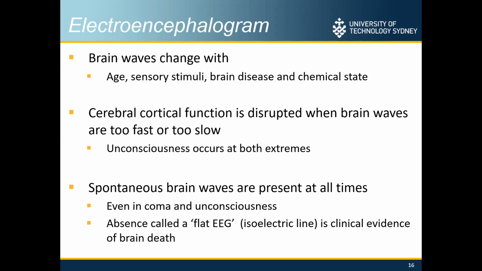With that said, it is important to note that when you're trying to diagnose somebody with brain death, although EEG is one of the assessments or diagnostic tool that you use, you actually perform other activities to confirm this diagnosis.